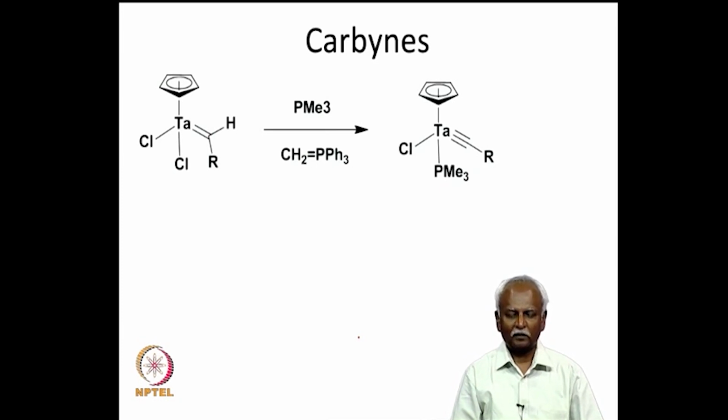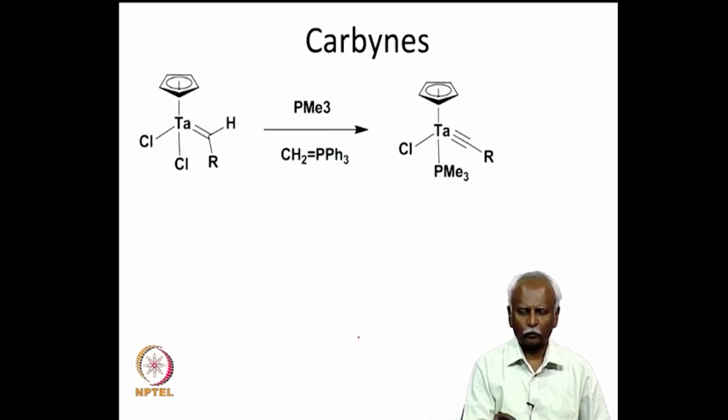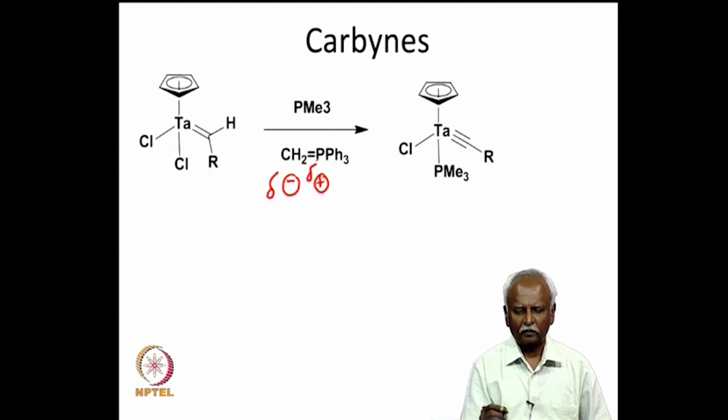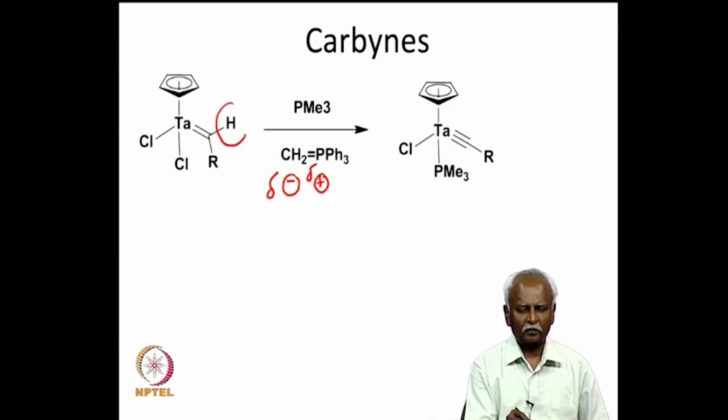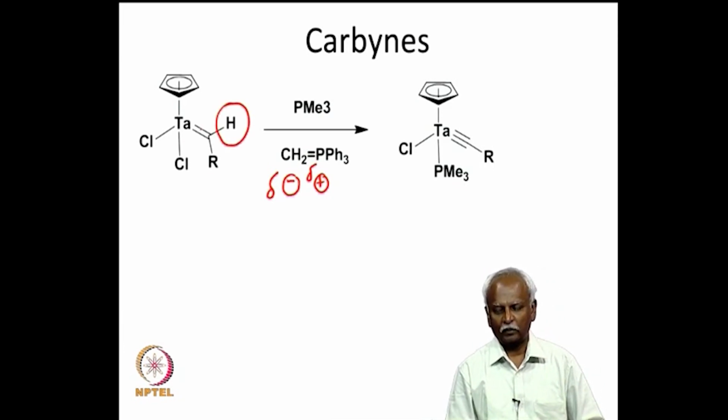In this particular instance, this molecule is polarized in this fashion. You have CH2 minus and a PPh3 plus. We can write it in this fashion, and this can abstract this hydrogen which is on the vinylic position, leading to a tantalum carbon triple bond.